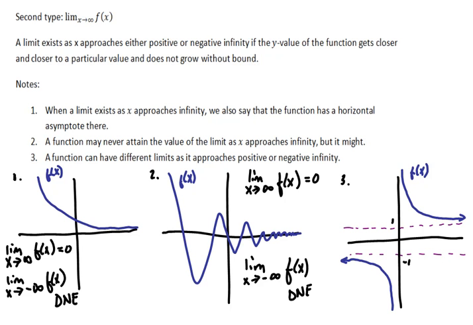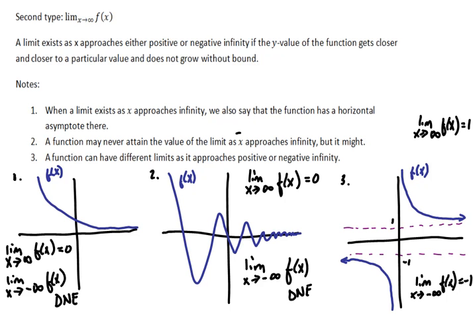And this can happen, and it just illustrates that a function can have different limits as it approaches positive or negative infinity. So we could say that the limit as x approaches infinity of f of x is 1, but the limit as x approaches negative infinity of f of x is negative 1.